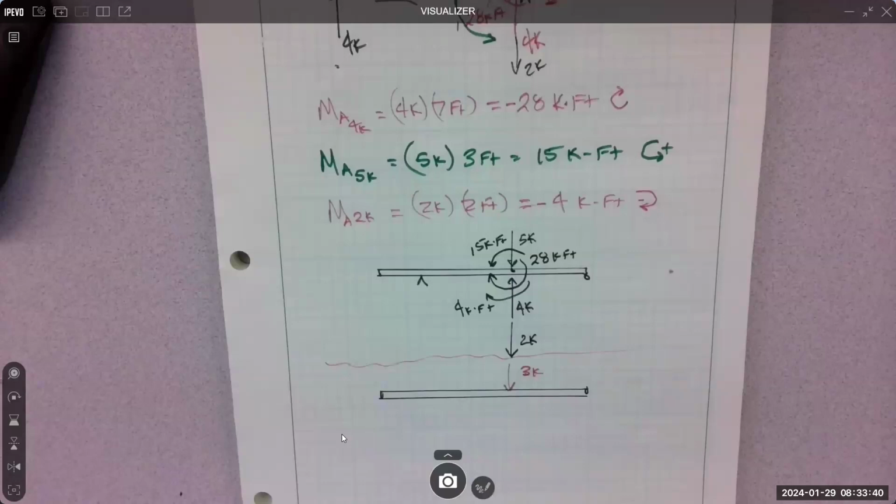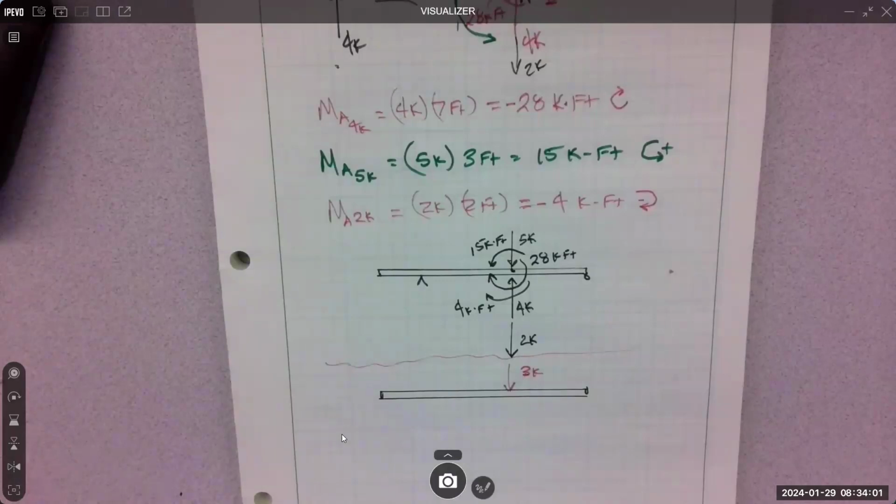And we do the same thing with the moments. We have a -4 and a -28. That's -32. And then we have a +15.